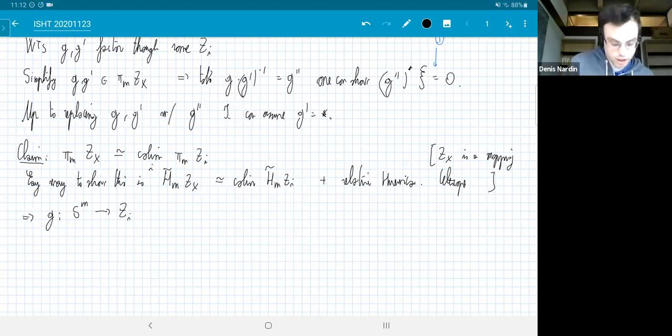Okay, once you have that G lifts to some Zi, then you won, because G upper star of psi i is 0 by our assumption.